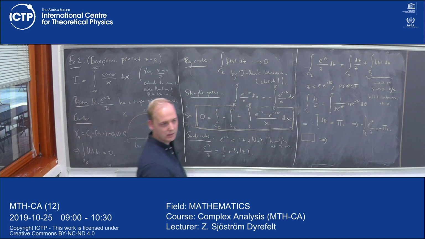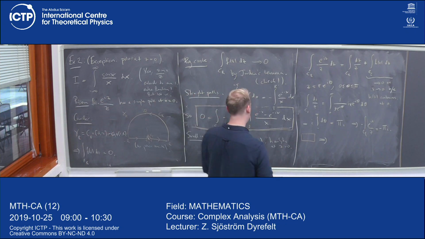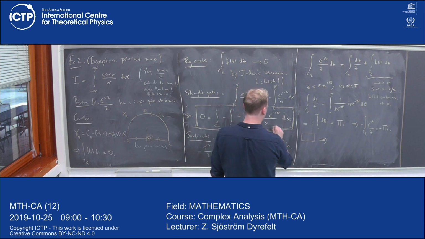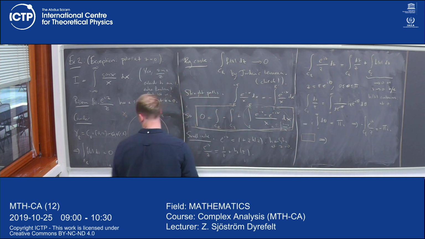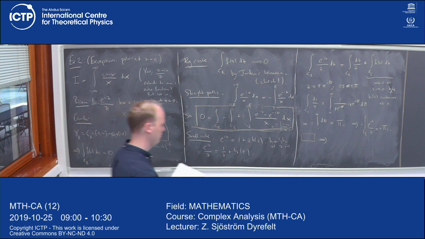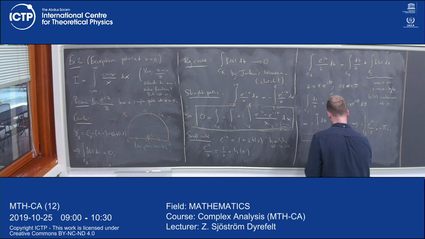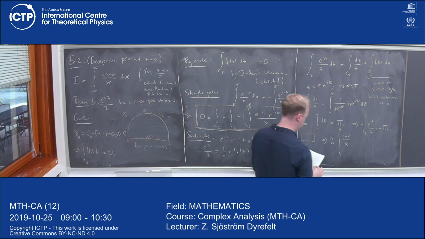If we now are interested again in this 2i sine over x thing, then this is equal to 2i times the integral of sin x over x, where this goes from epsilon to R.